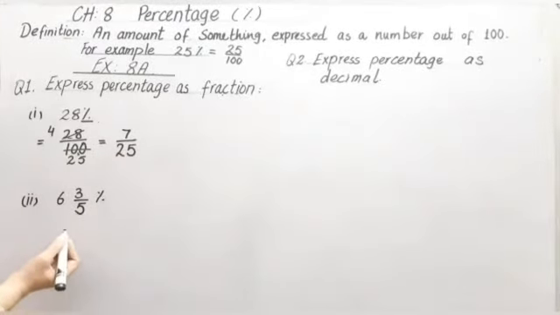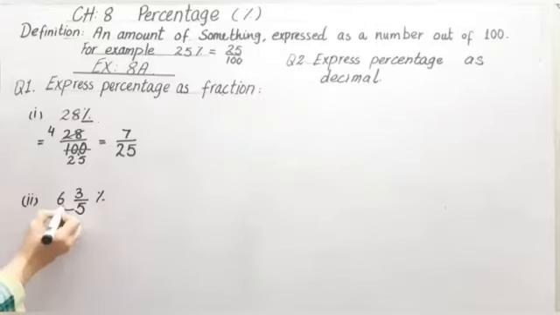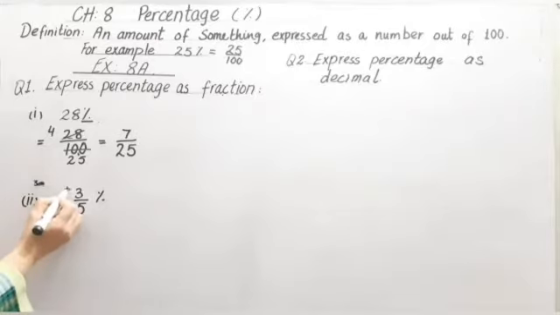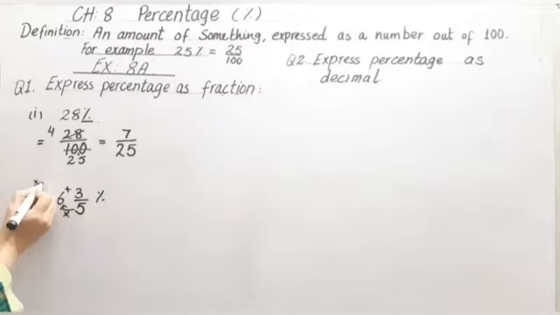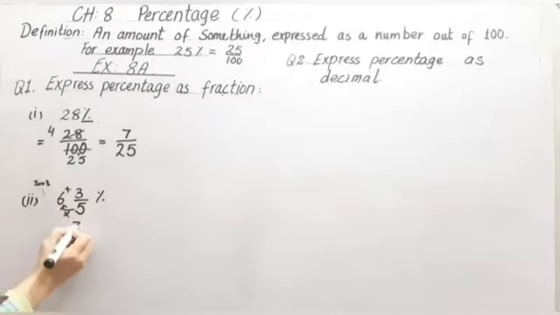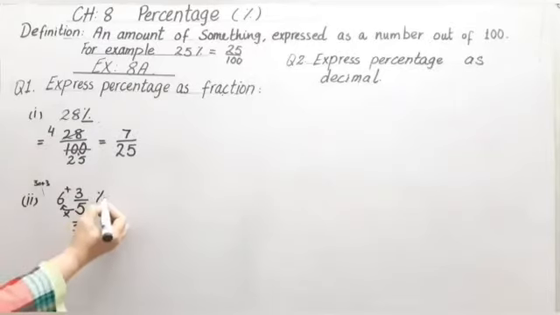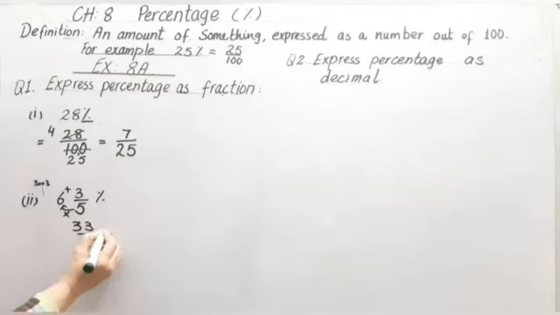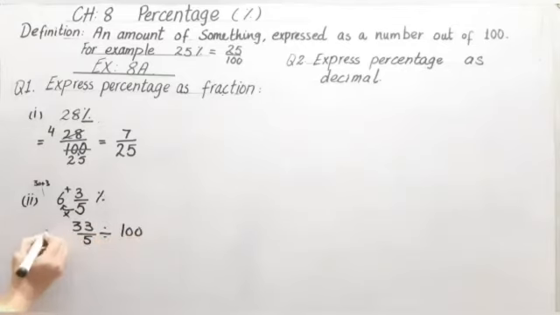And the second type of questions are mixed fraction questions. We first multiply and we get 30, and now we add 3, so it will be 33 divided by 5%. When there is a percentage sign, we divide the number by 100.